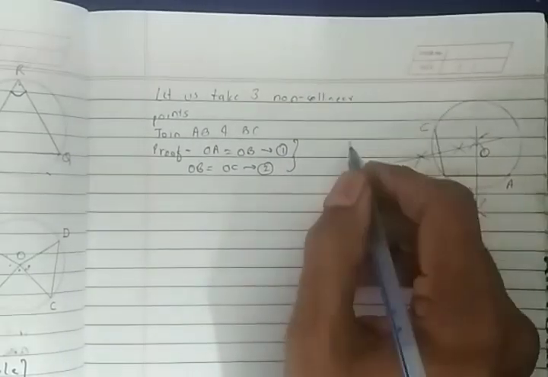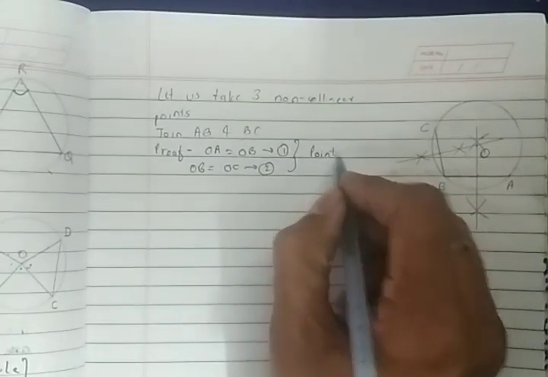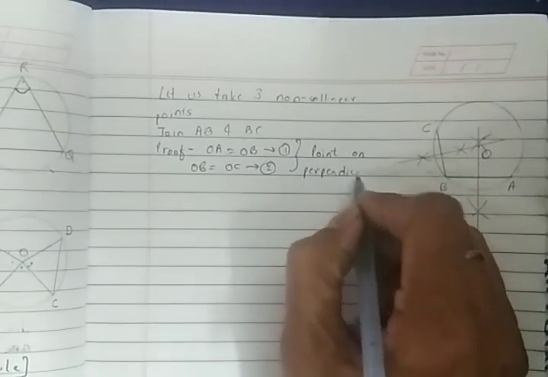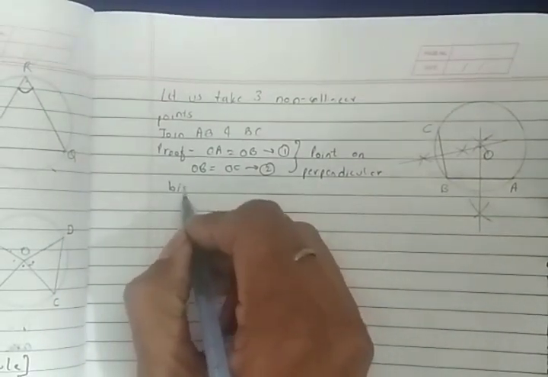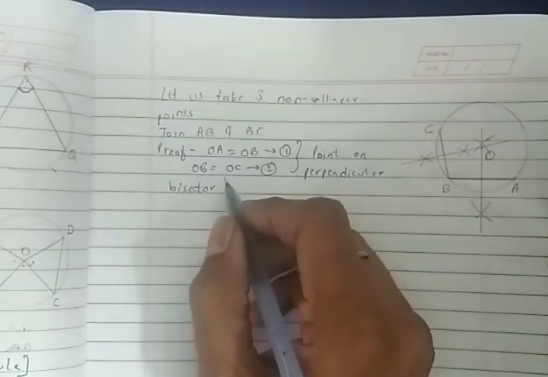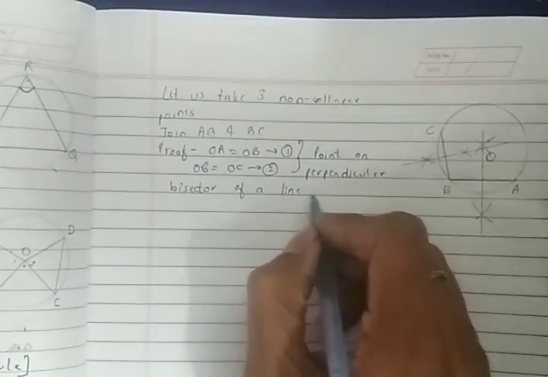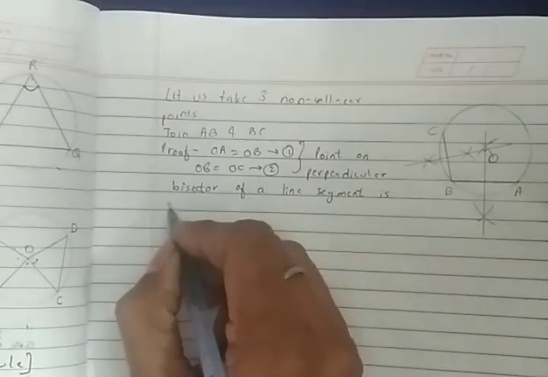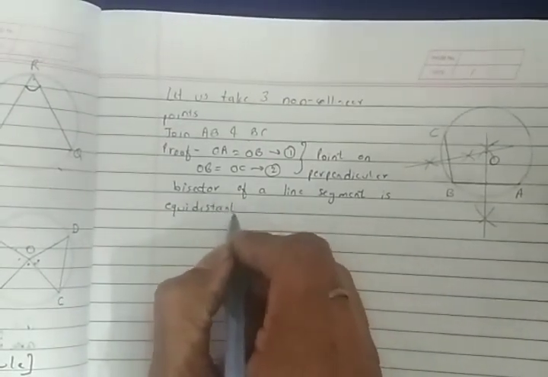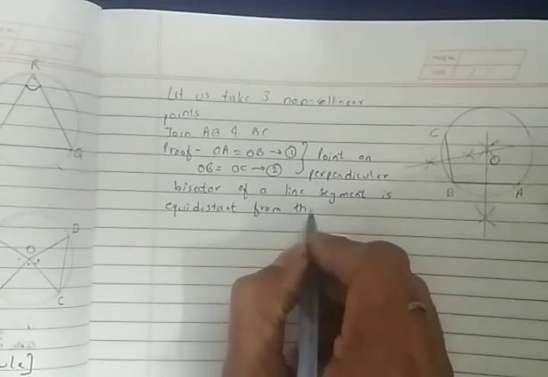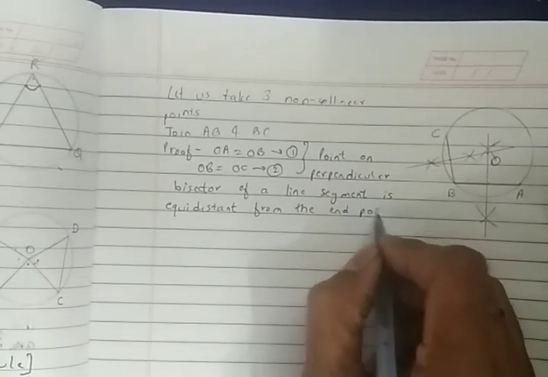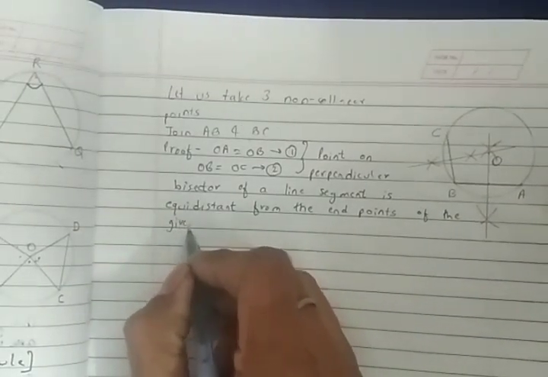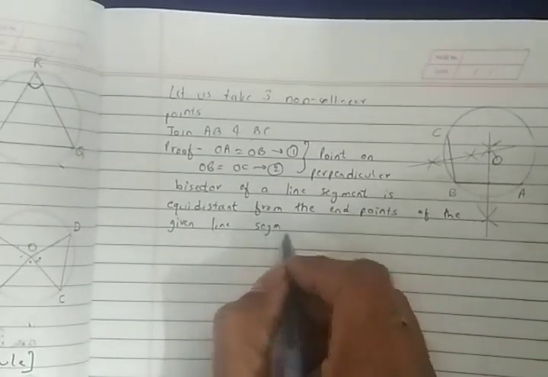We will write down the reason for this, because a point on the perpendicular bisector of a line segment is equidistant from the endpoints of the given line segment.